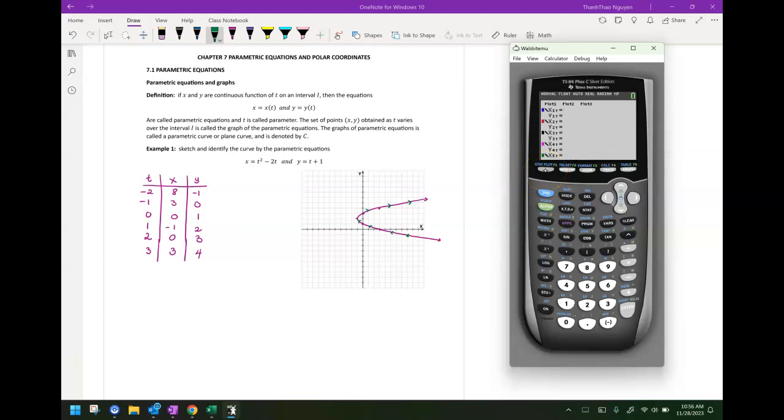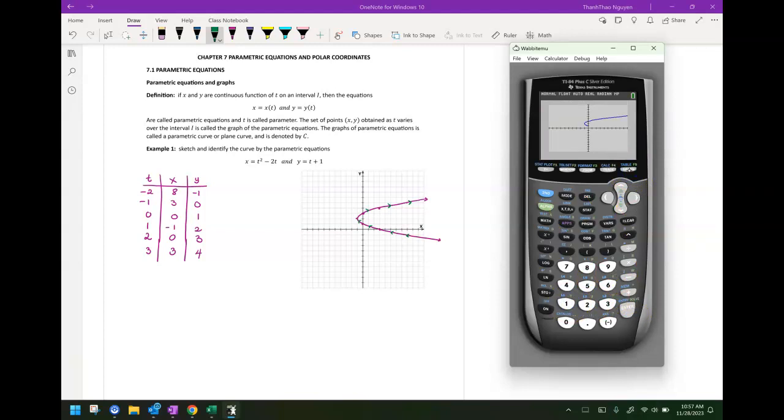So we put in the parametric equation x1 is t squared minus 2t and y1 is t plus 1. And take a look at the graph.